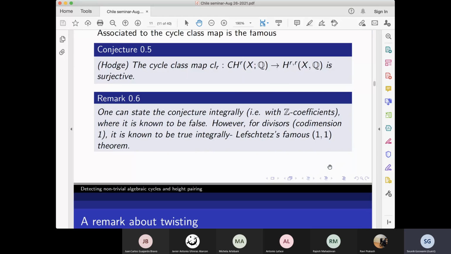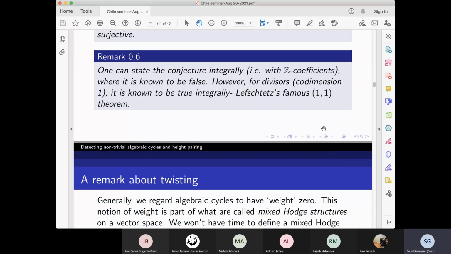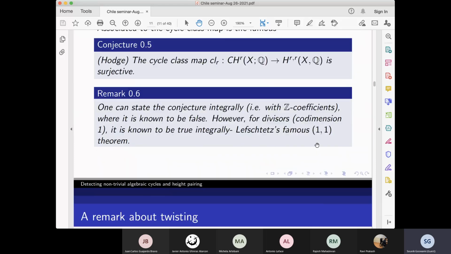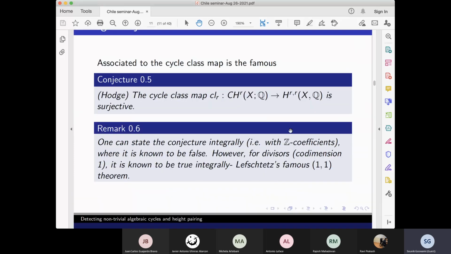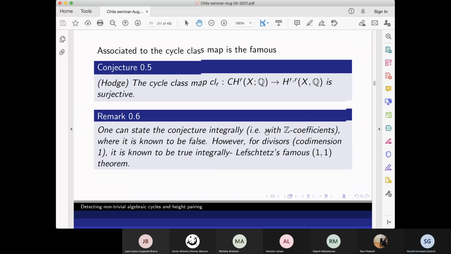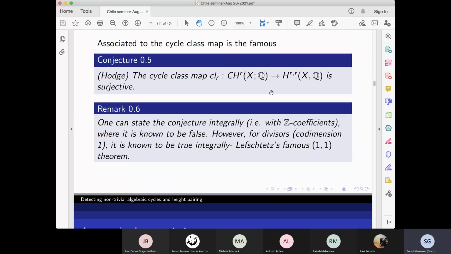But of course, for r greater than 1, there are plenty of obstacles for this conjecture. So we will leave it at that. We won't deal with this conjecture anymore. There are many cases where this conjecture is true, but the general case is open, of course. And people are trying this with several techniques.